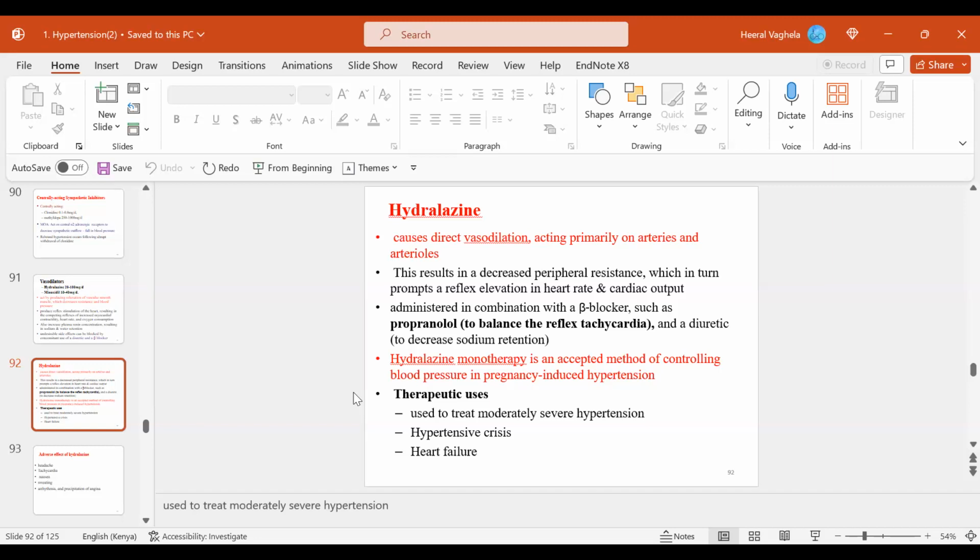And vasodilators like hydralazine and minoxidil relax vascular smooth muscle. The second line drugs usually are used in combination with the first line. They're not used as monotherapy, except for hydralazine, which is used in pregnancy-induced hypertension.